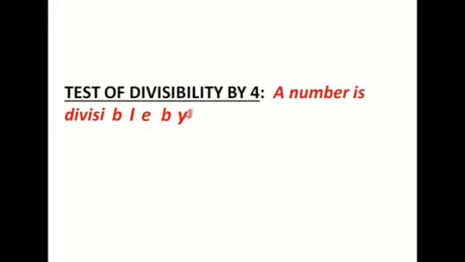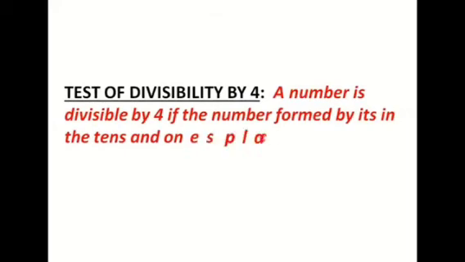The test of divisibility by 4 says that a number is divisible by 4 if the number formed by its tens and ones places is divisible by 4. You have to check the last 2 digits. If they are divisible by 4, then only the number will be divisible by 4.